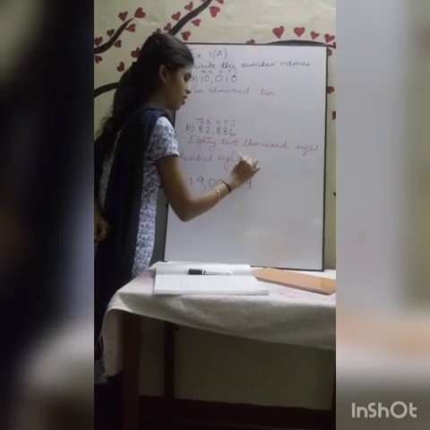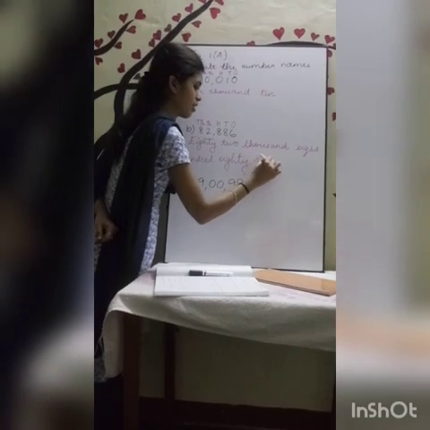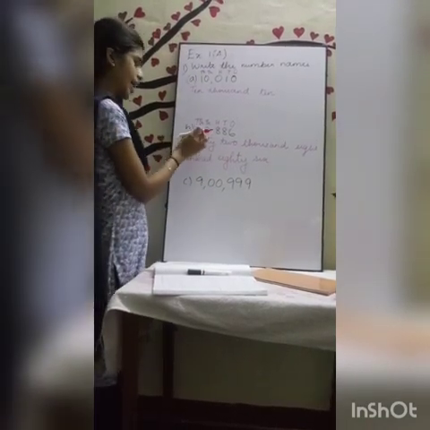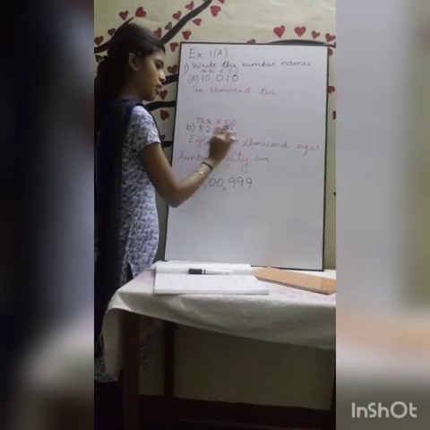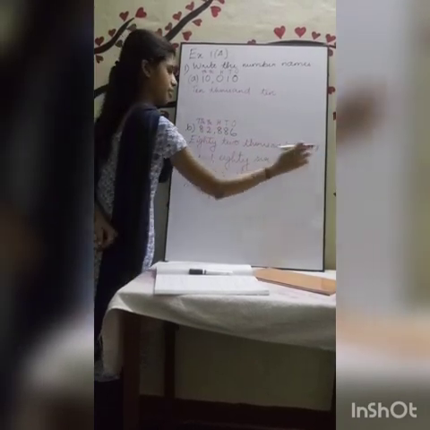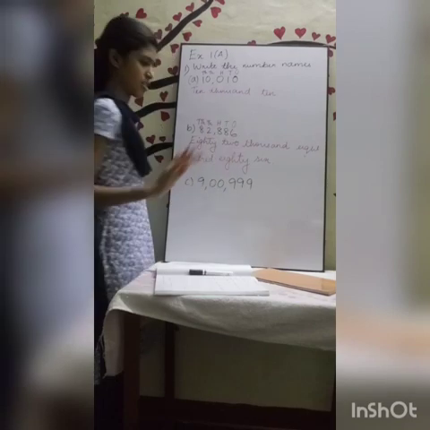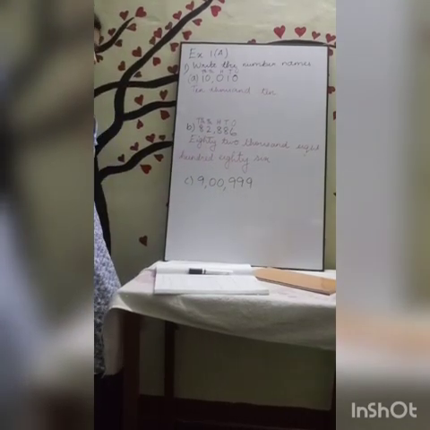Right? Here I am going to write 82,886. Okay? Did you understand how this number name comes?